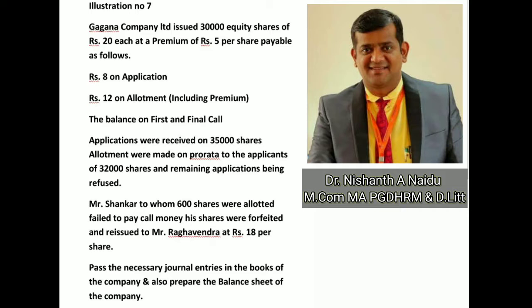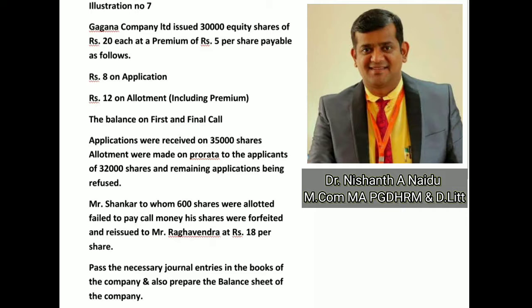This problem also has a pro rata allotment. So there are four most important things you have to understand: pro rata allotment, premium, forfeiture, and reissue. These four adjustments are very important while solving the problem. So let us look into the problem.